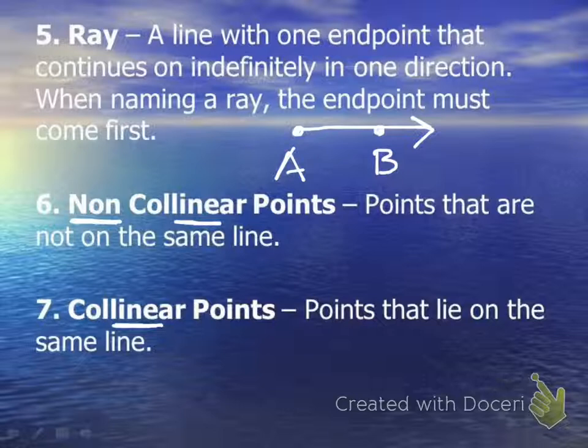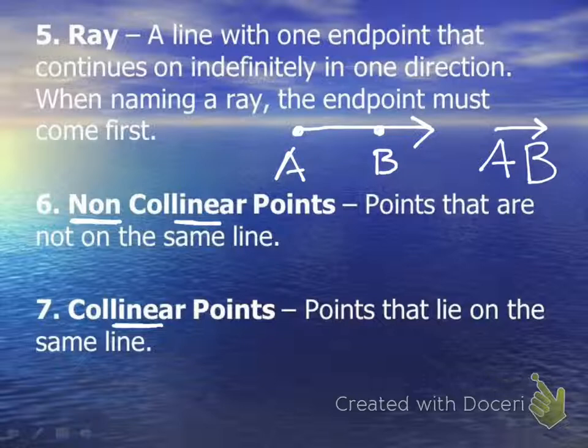When you're naming a ray, you have to start with the one that has the endpoint, not the one that goes on and on forever. That's the letter that needs to come first, followed by the other point. And then you just draw a ray on top of it, and that shows that you're talking about a ray.